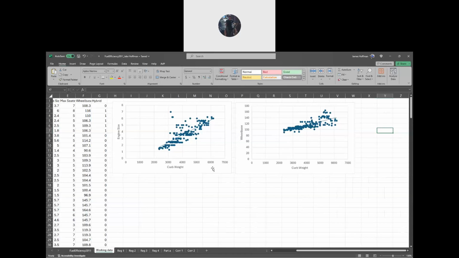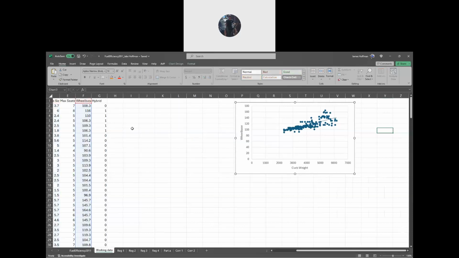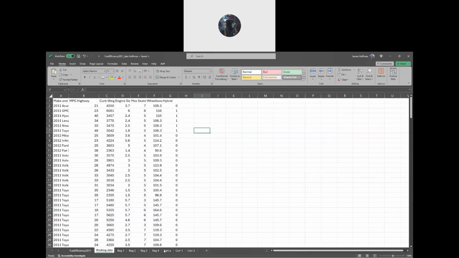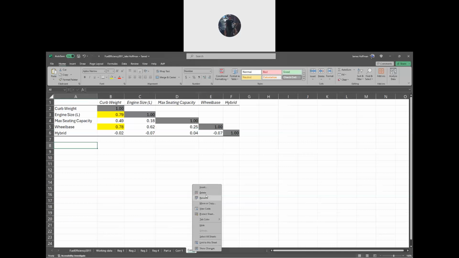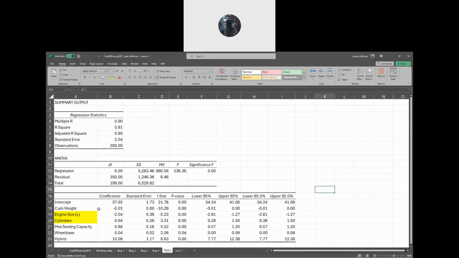So this step was a step ahead, and we just start with the part that has the biggest issue of correlation, which was engine size versus cylinders.